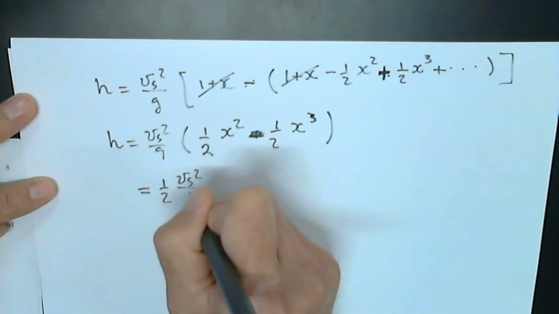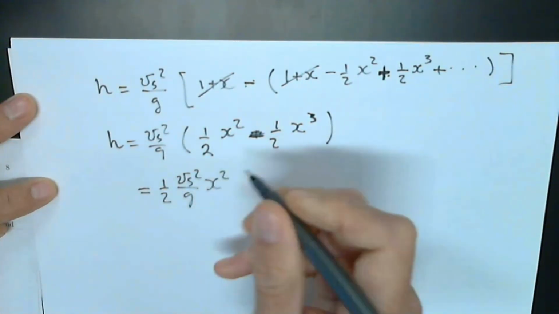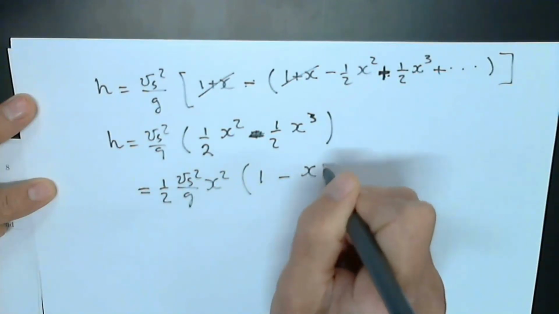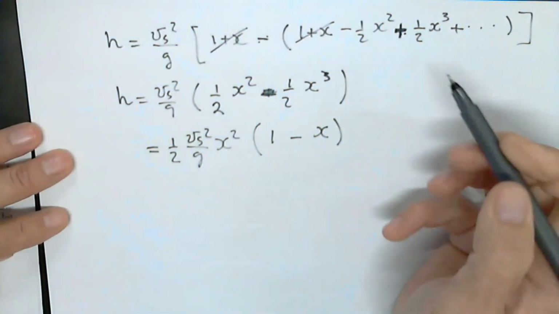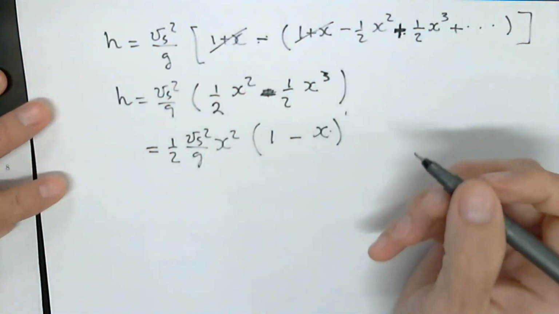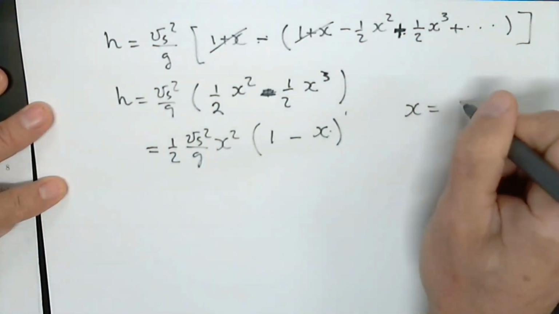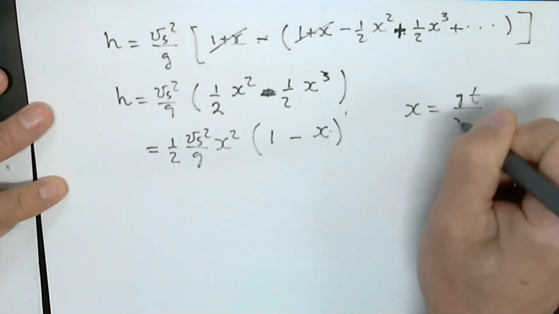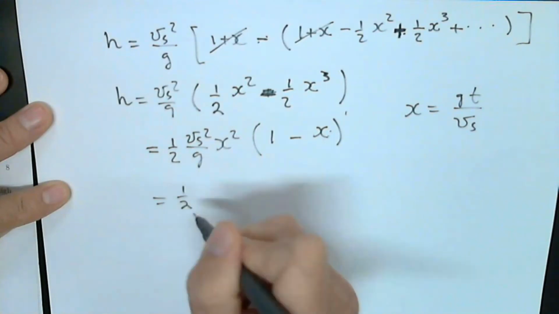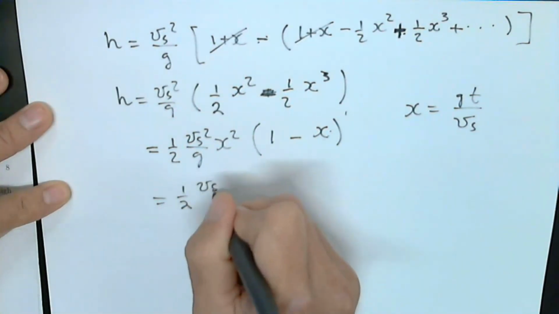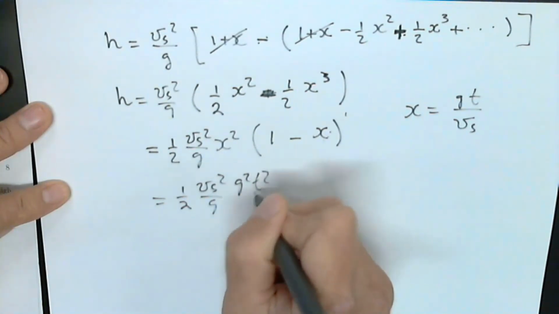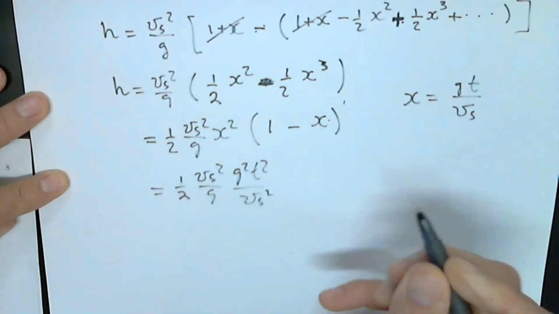So again, let's take x: 1/2 bs squared over g, x squared, 1 minus x, and this is the first correction. Remember, x is gt over bs, so I get 1/2 bs squared over g, and now I got g squared t squared over bs squared like I did before.